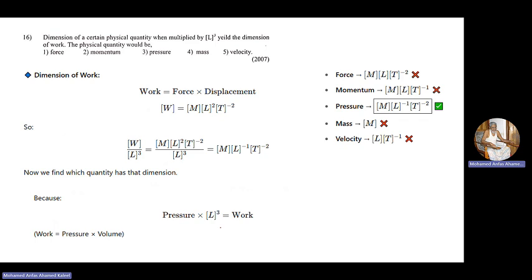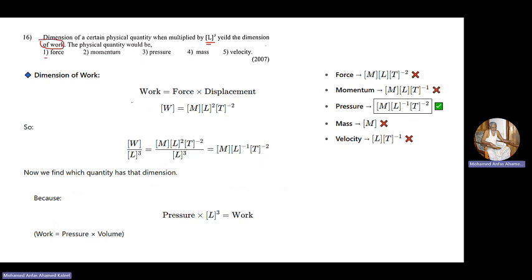The physical quantity would be what? So what he is telling is that one of the following dimensions, when multiplied by L cube, will be equivalent to the dimension of work.